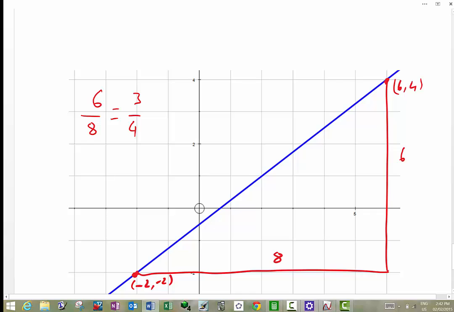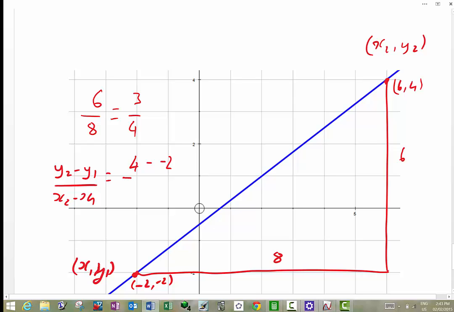Also, we can take corresponding coordinates. So if we make the left hand point x1, y1, and the right hand point x2, y2, then the slope was y2 minus y1 divided by x2 minus x1, which was, our y2 was 4 and our y1 was -2, so 4 subtract -2, and similarly 6 subtract -2 for the x's, which is of course 6/8 as we had before.